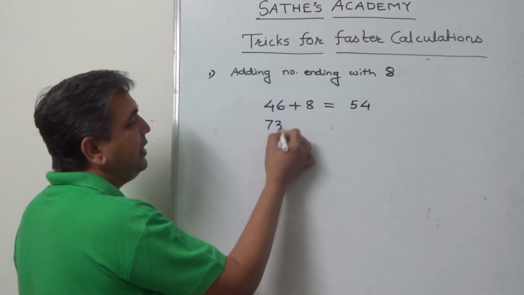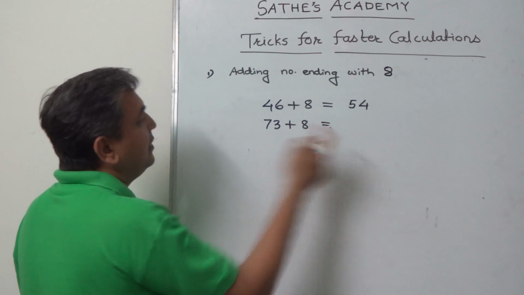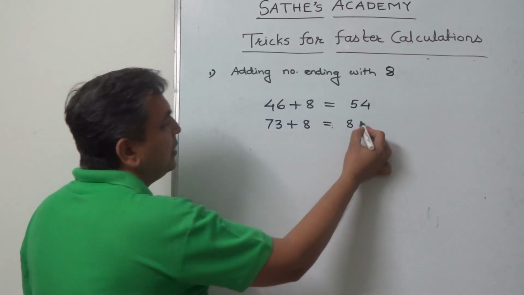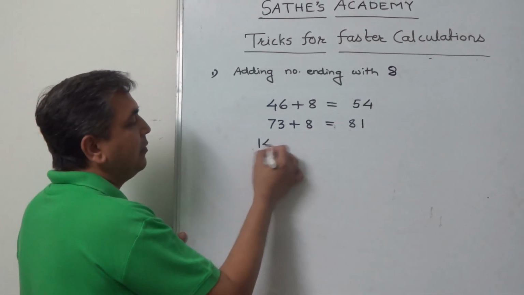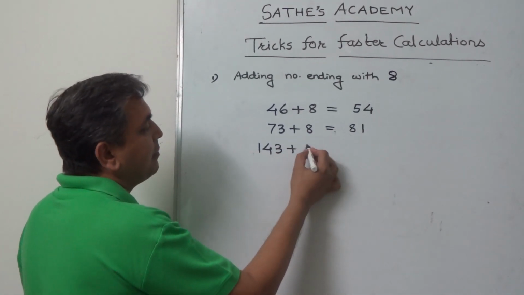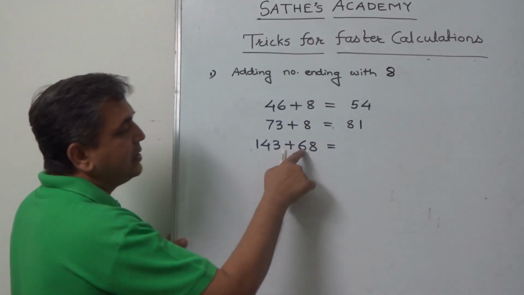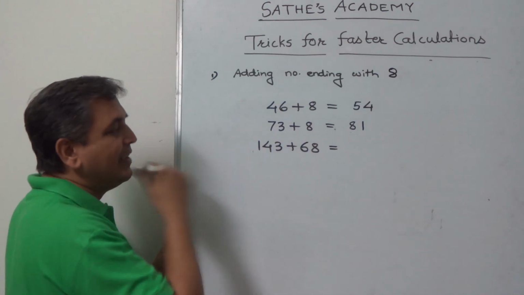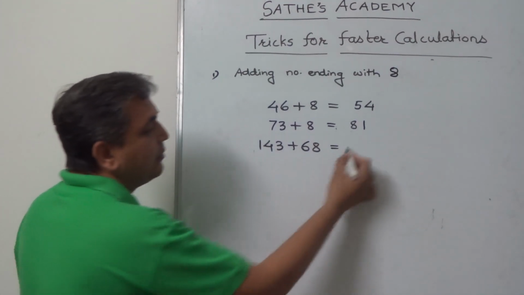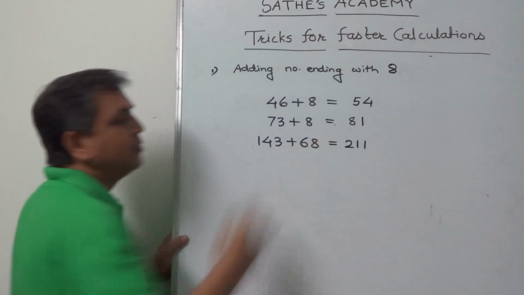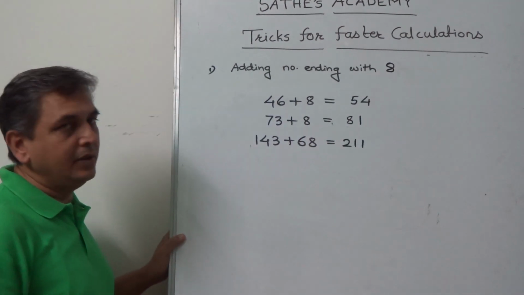What is 73 plus 8? Increase this by 1, 8, reduce this by 2, we get 1. 143 plus 68. Now this is 6, we have to add, so increase this by 7. 14 plus 7 is 21, and reduce this by 2, so we get 211.